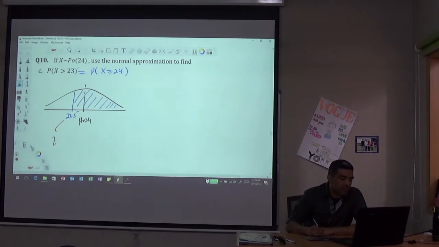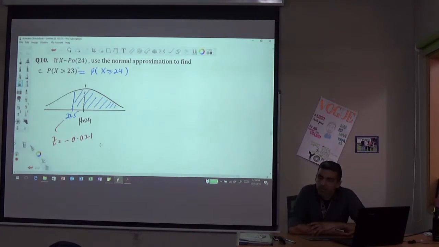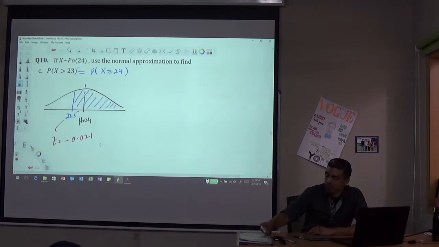Okay, so what's the z value for this? Negative 0.021. I'll round it, because it's 0.208. Minus 0.021.